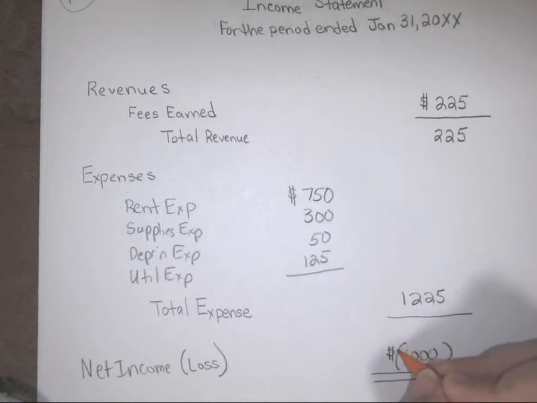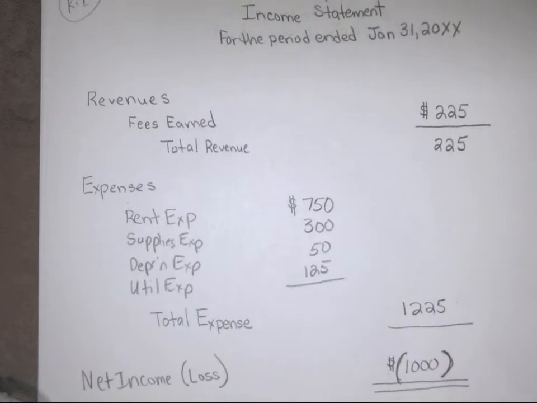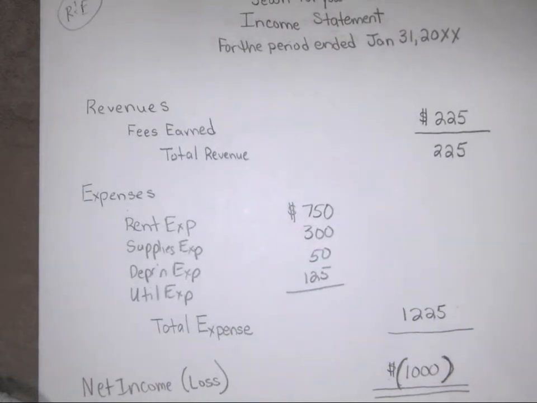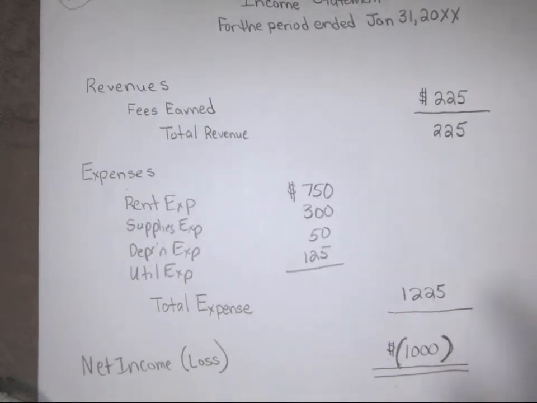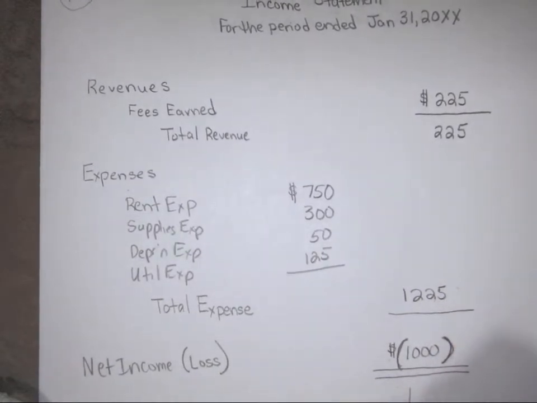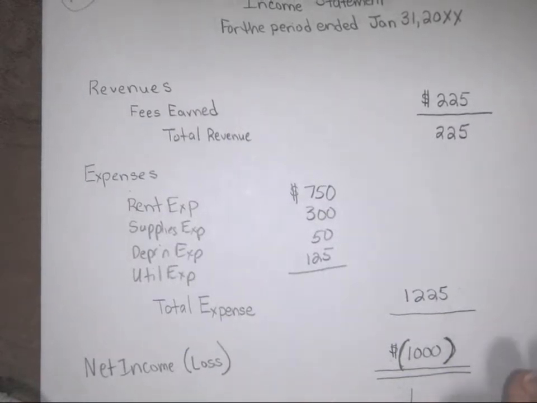Negatives can be designated in parentheses when we are doing and dealing with accounting. Again, I have a dollar sign double underlined to let me know that I have completed this particular statement that I have right here. This number that you see, that $1,000 number, this number is going to move to the statement of owner's equity.